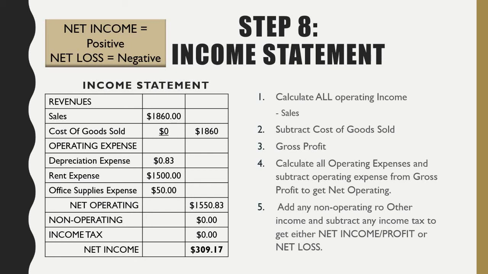So this is how it looks. We're going to start with our sales, right? Because that's our main core of operating income. And we're going to subtract out the cost of goods sold, which is directly related to the sales here, right? That's the expense that is directly correlated to that sales. Okay? Once we've done that, then you're going to get what's called a gross profit, or gross income, whatever it is, right?